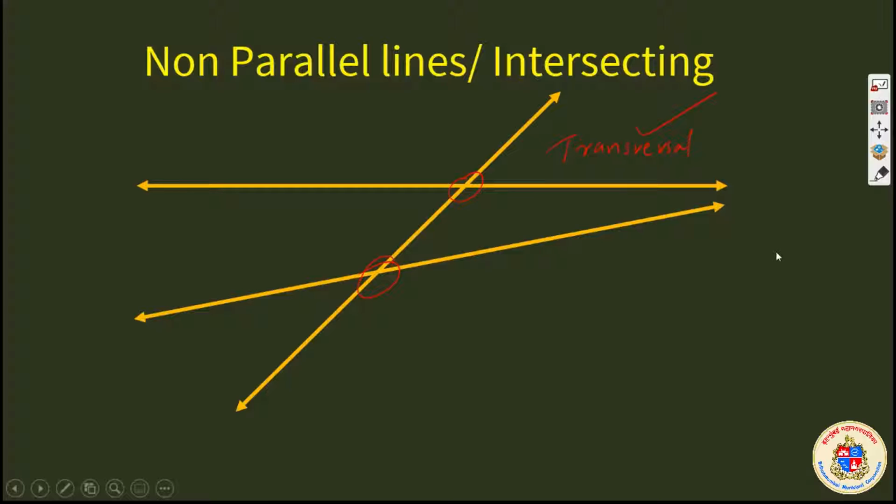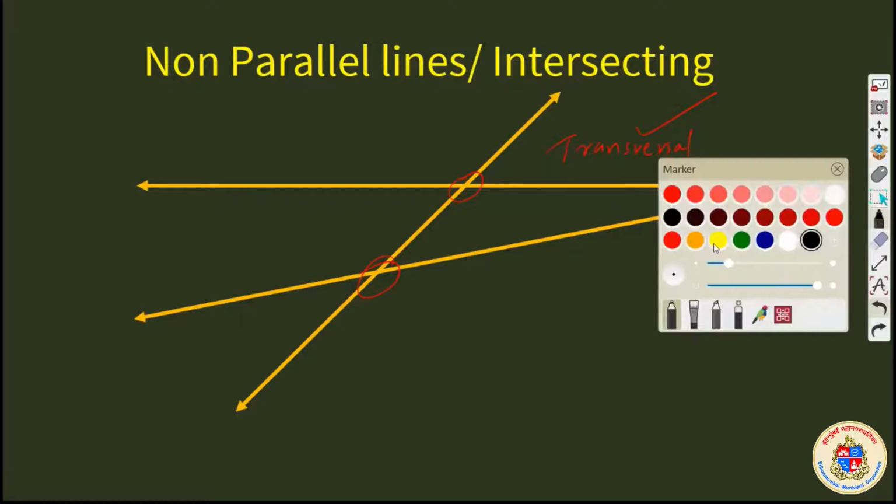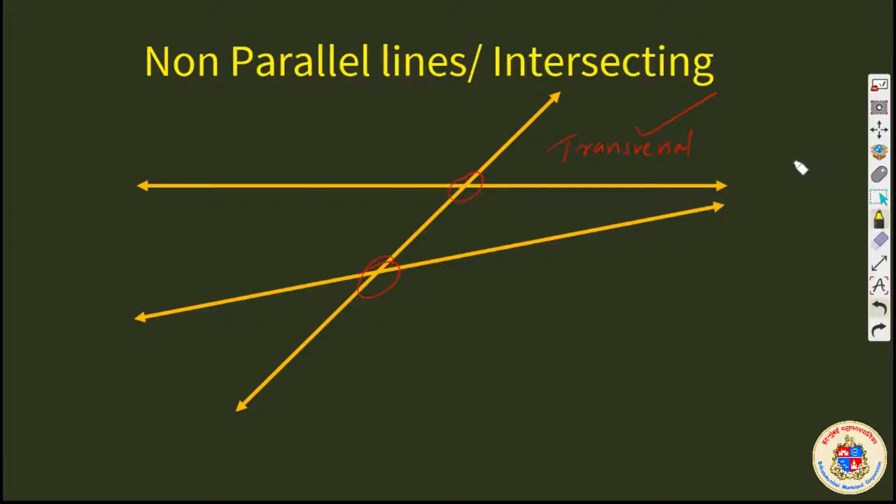Understood? Transversal will intersect two lines, and you studied about the number of angles formed in that. Very detailed study was done about intersecting lines on a transversal, on intersecting and parallel lines.